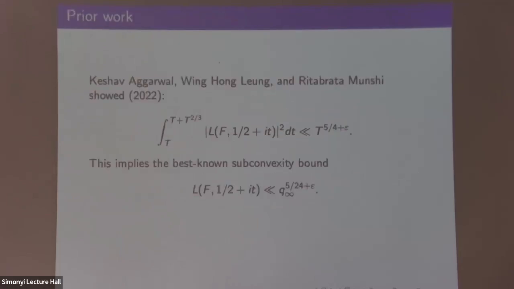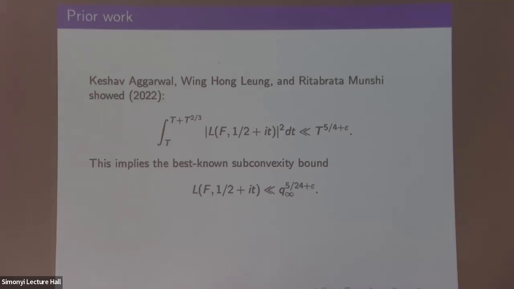Okay. So our work builds on, or begins with, some recent work of Keshav Agarwal, Leung, who's also the co-author on this paper, and Rita Bratamunchi. They studied the short second moment.